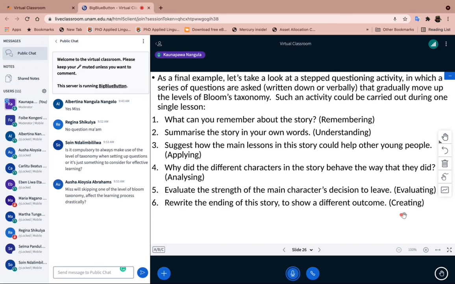It's not every day that I ask myself what cognitive level this is, but at the very beginning, when I look at an objective, I have to ask myself what cognitive level this objective is, and then how best can I help my learners attain this objective within the lesson.